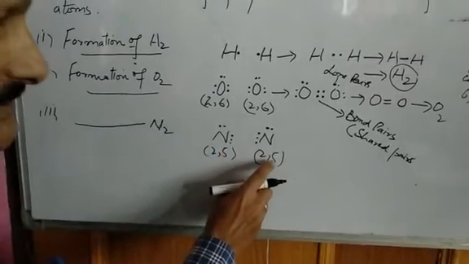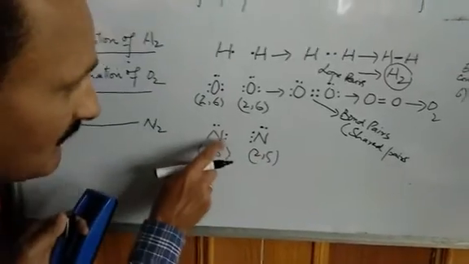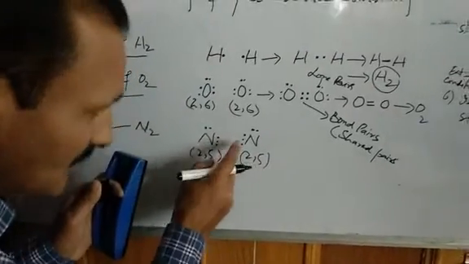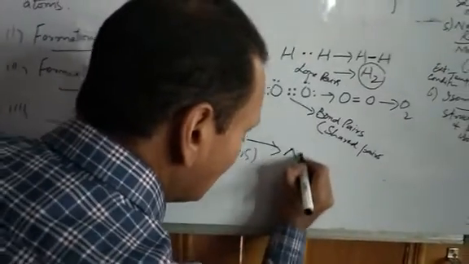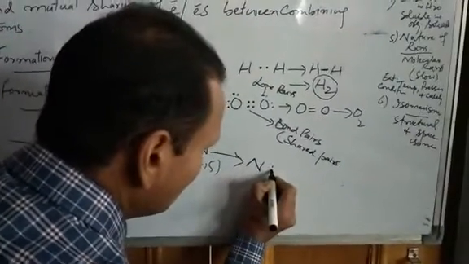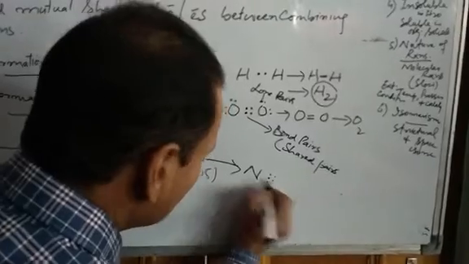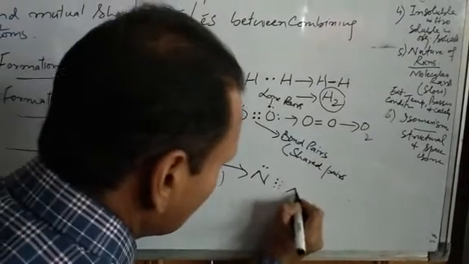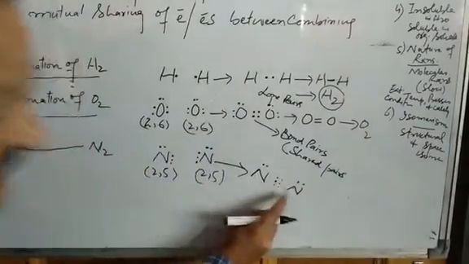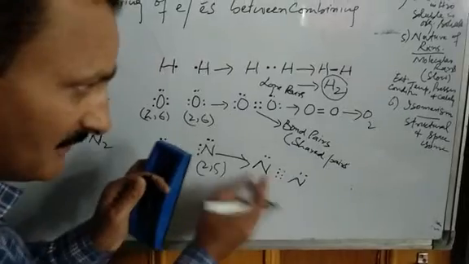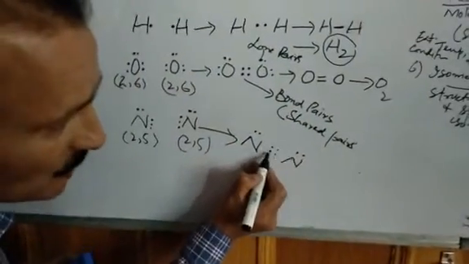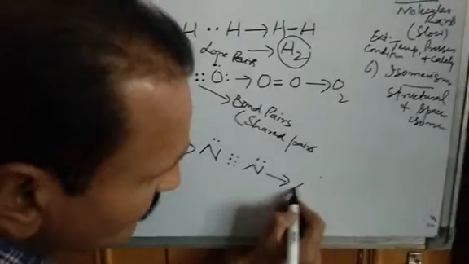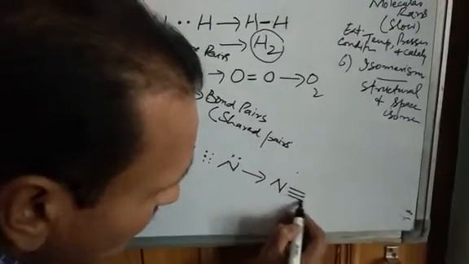How many by this? 3 to become stable. So they will first contribute these 3 and then mutually share like this. These will be 3 pairs. Now these 3 pairs are mutually shared between this nitrogen atom and this nitrogen atom, forming a triple covalent bond between two nitrogen atoms. Triple covalent bond. And as a result, N2 is formed.